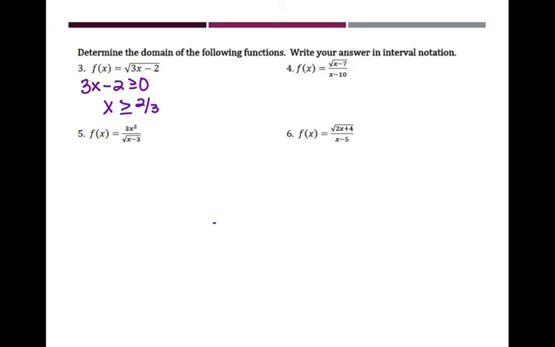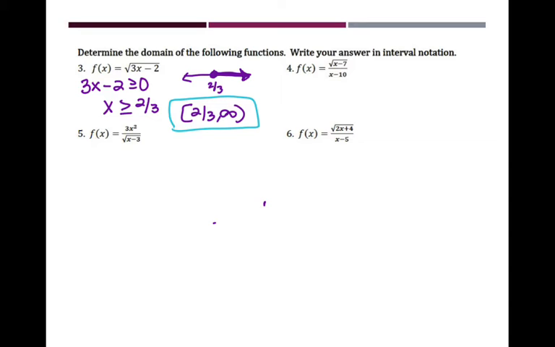The question asks you to write it in interval notation, so if I were to graph this on a number line, greater than or equal to 2/3 would be everything to the right. Written as an interval, it would be 2/3 to infinity.